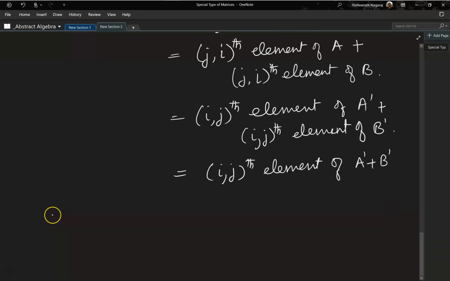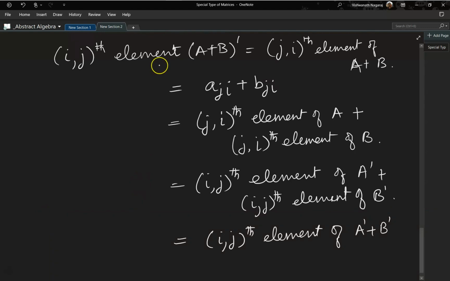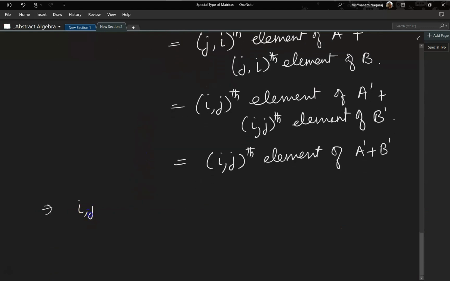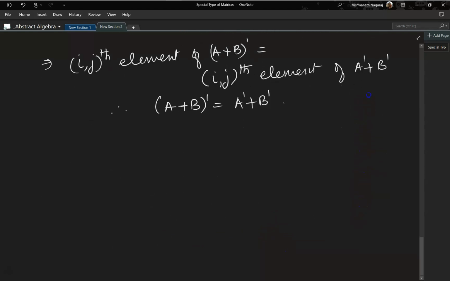So basically all these steps imply the i comma jth element of (A plus B) prime is equal to the i comma jth element of A prime plus B prime. Since each of these corresponding elements are equal, therefore (A plus B) prime is equal to A prime plus B prime. Okay, and let's look at the next theorem.